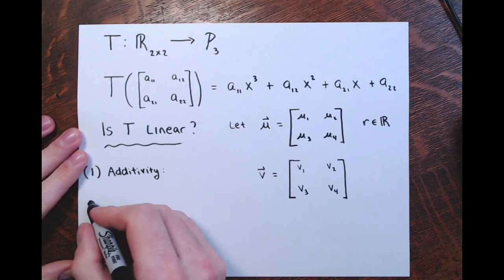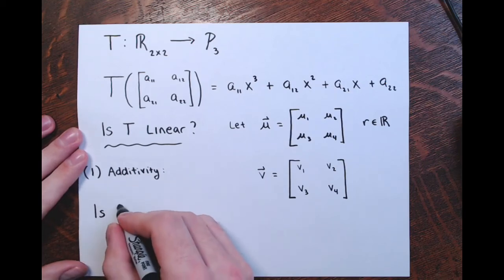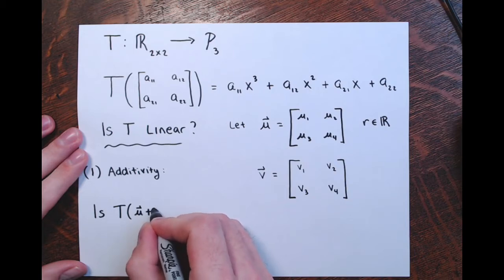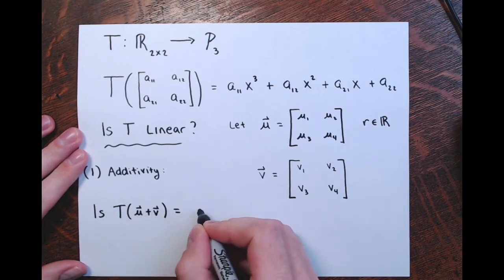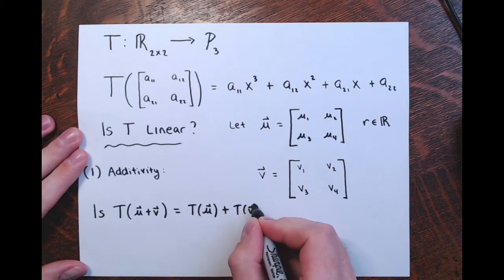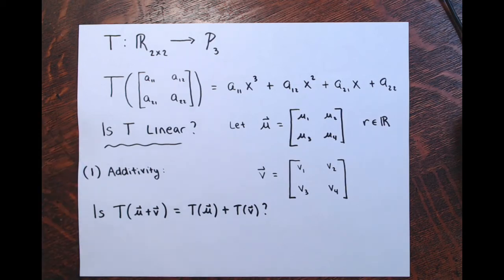Then the question is, is T of u plus v equal to T of u plus T of v? Just like in the previous section, I'm going to look at both sides separately and see if we get the same thing back. So let's take a look at the left side.